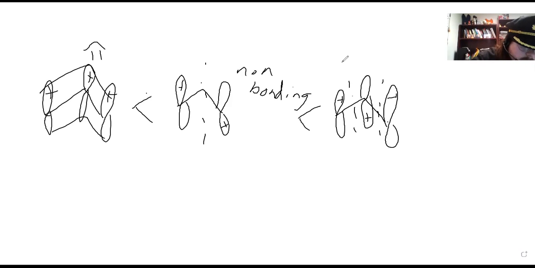So in this case, we have 3 electrons. Put them in: 1, 2, 3. We have 2 in the bonding, 1 in the non-bonding.